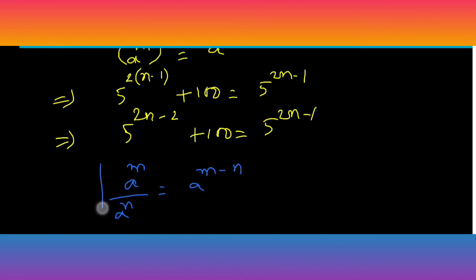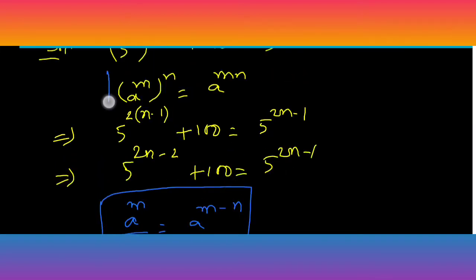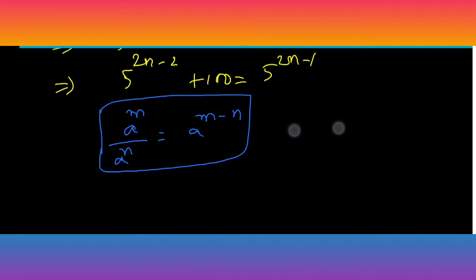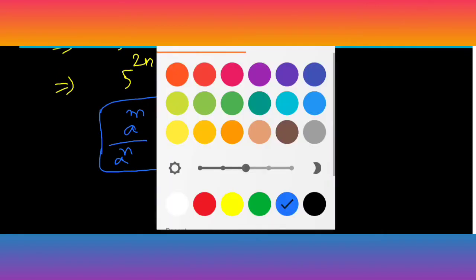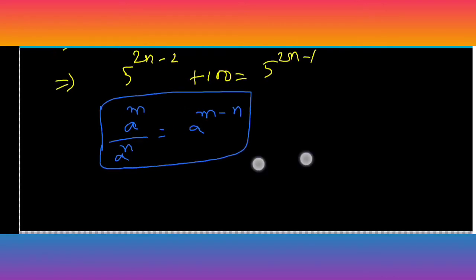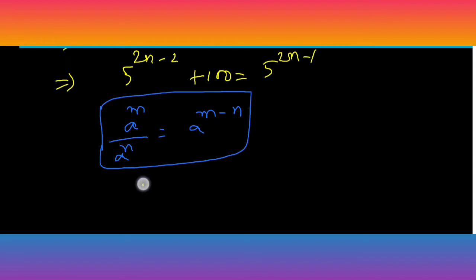Okay, by using this identity, we can write this as 5 to the power of 2n, whole power upon.